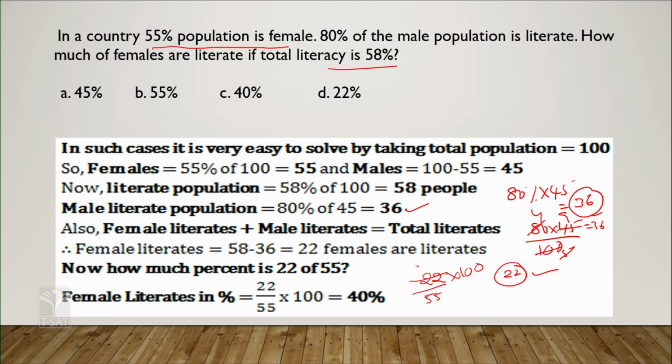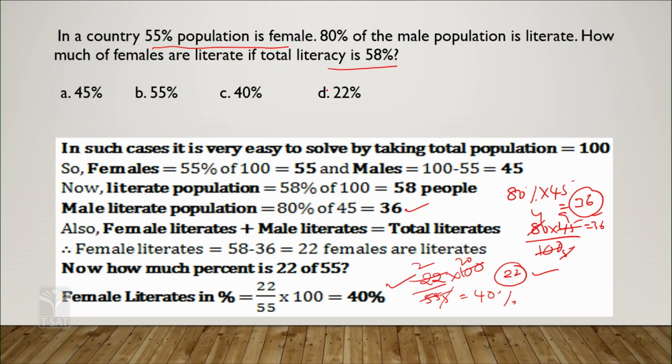As you know, 11 2s are 22, 11 5s are 55, so it is 40%. Means 40% of females are literate. See, there is a possibility most of you make a mistake here, 22% is given.